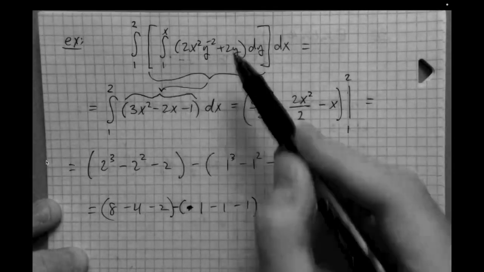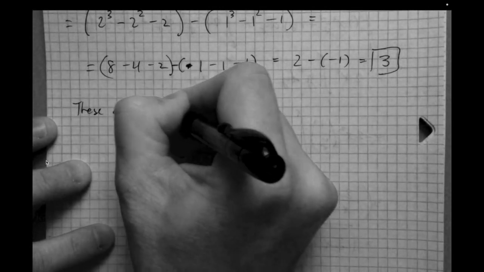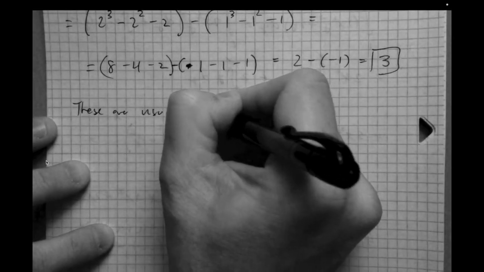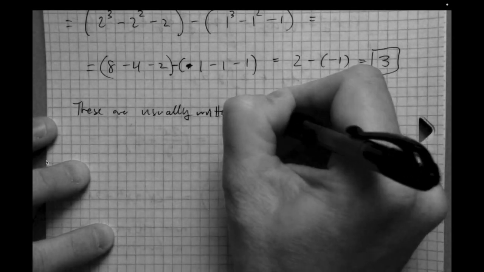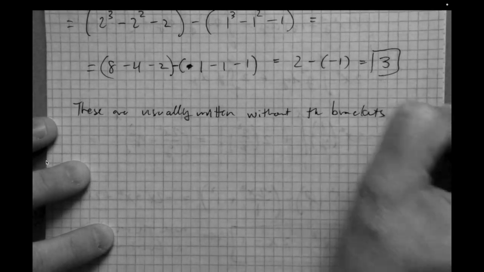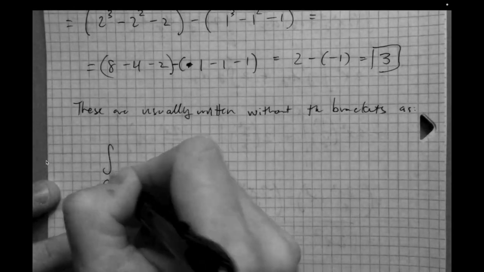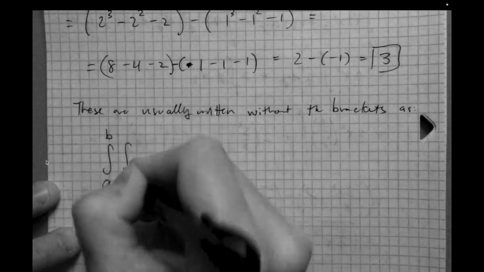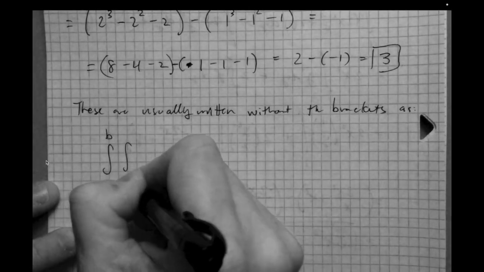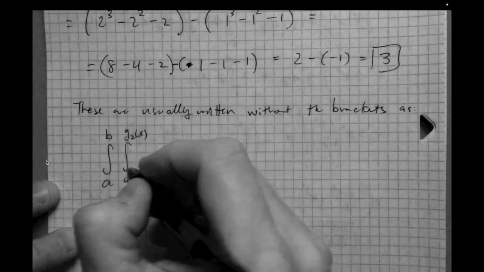I included the brackets here just to make the structure very plain, but normally we don't include the brackets. And let me just give some examples here. So usually you would write it like this, from A to B, and then the interior one would be like g1 of x to g2 of x, and then you're going to have some function.